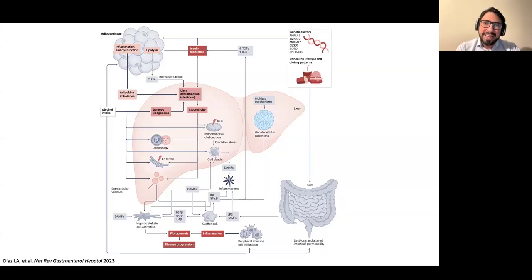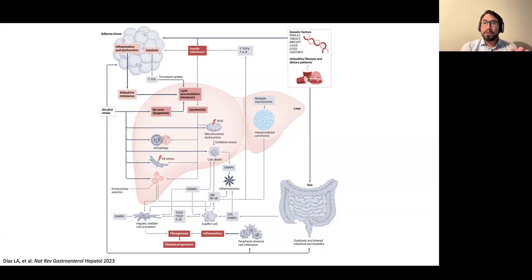And the key pathophysiological aspects here are insulin resistance and the adipose tissue, because insulin resistance induces an excessive lipolysis and releases free fatty acids to the bloodstream, arriving to the liver.